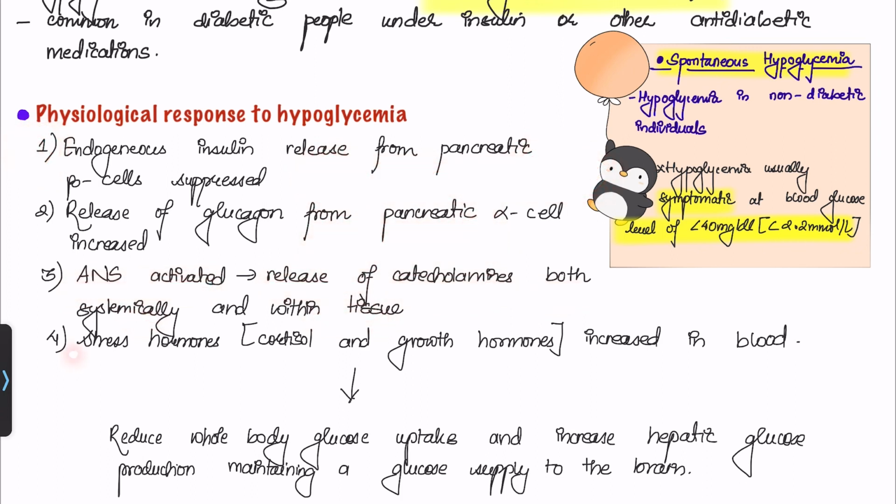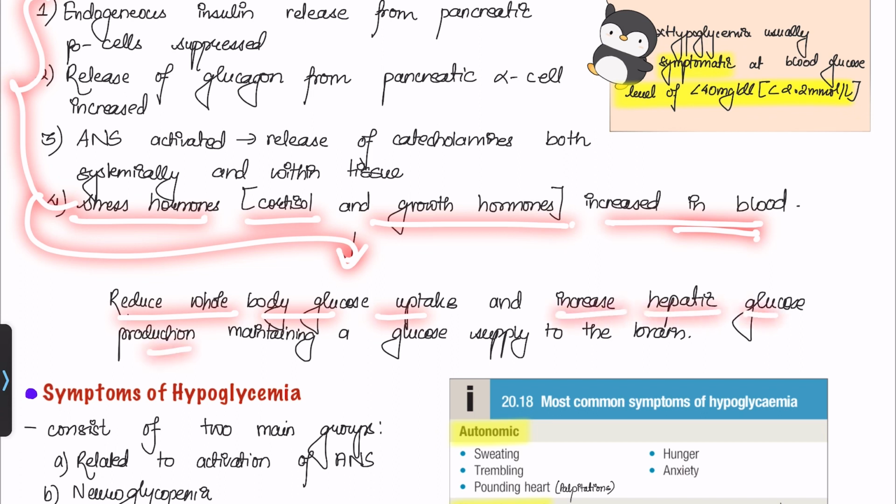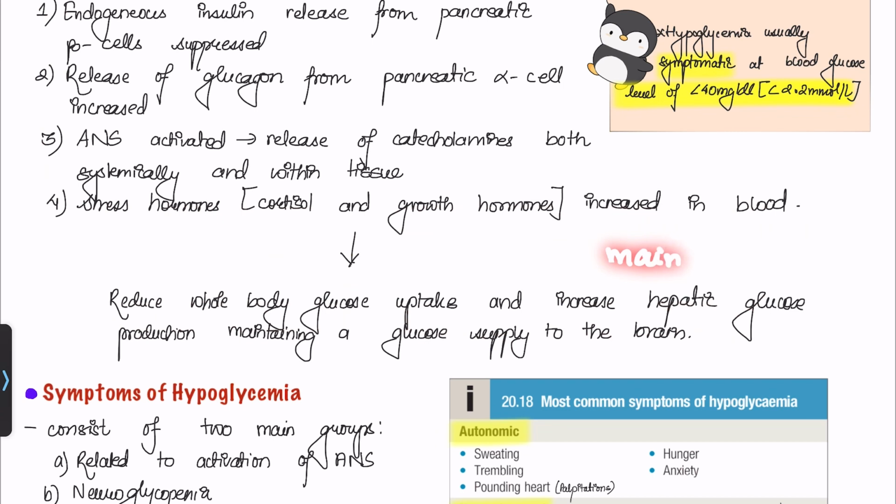And there is also release of stress hormones like cortisol and growth hormone into the blood. All these cause reduced whole body glucose uptake and an increase in hepatic glucose production, which maintains a glucose supply to the brain.